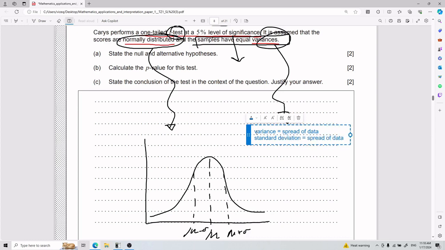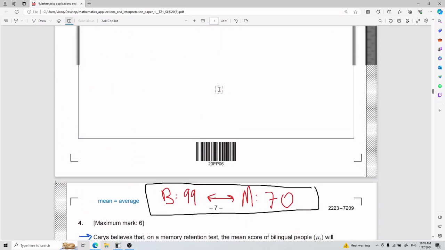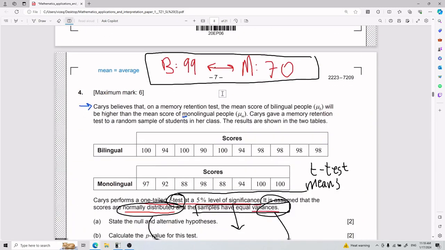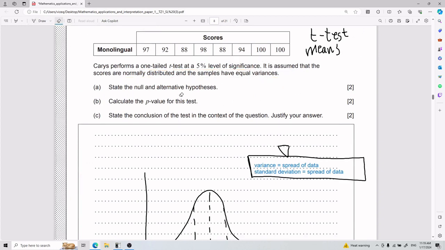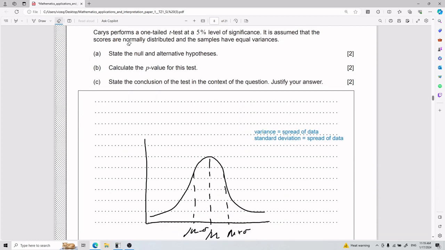There's a slight difference between the two. One of these is squared, the other one's not, and that has to do with handling negative values. But for our level, for the IB AISL, just stick with the intuition that variance and standard deviation is spread. And so here when they tell you that they have equal variances, all they're telling you is that their spread is the same.